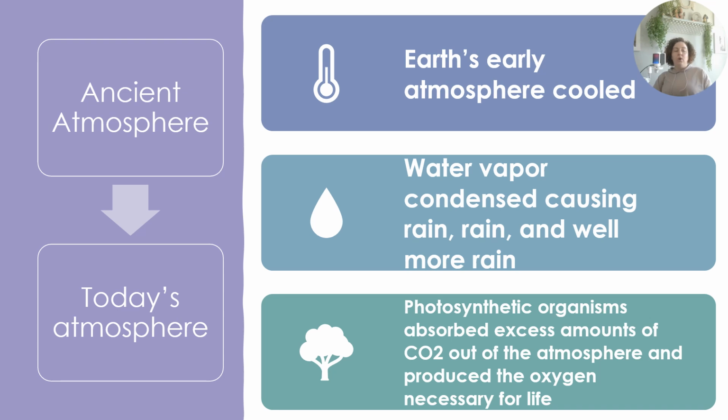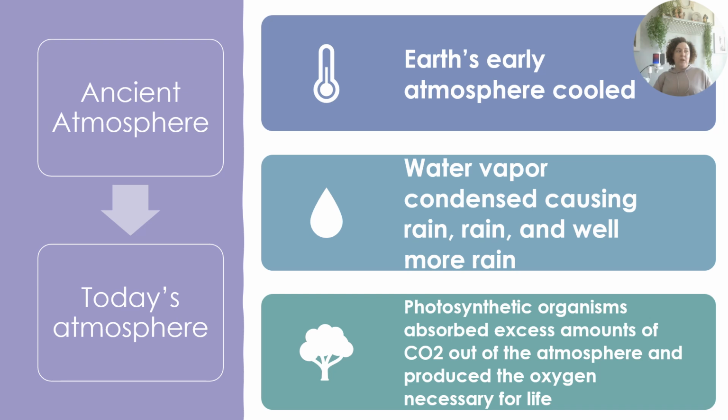So once we start getting rain, we start getting photosynthetic organisms that are able to start doing what they need to do, taking in that extra CO2 or carbon dioxide out of the atmosphere and then releasing oxygen into the atmosphere, which allows multicellular animals to start to evolve and produce more and more young in order to get the necessary life that we have today.